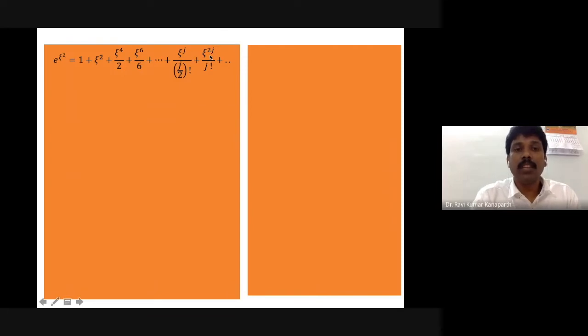And then the previous term, basically the z to the power j term, is a common term. The coefficient of the common term is nothing but 1 by j by 2 factorial, because you can see here that there is 2j, but in the denominator you have j. So the difference is basically this is half of that one, right?